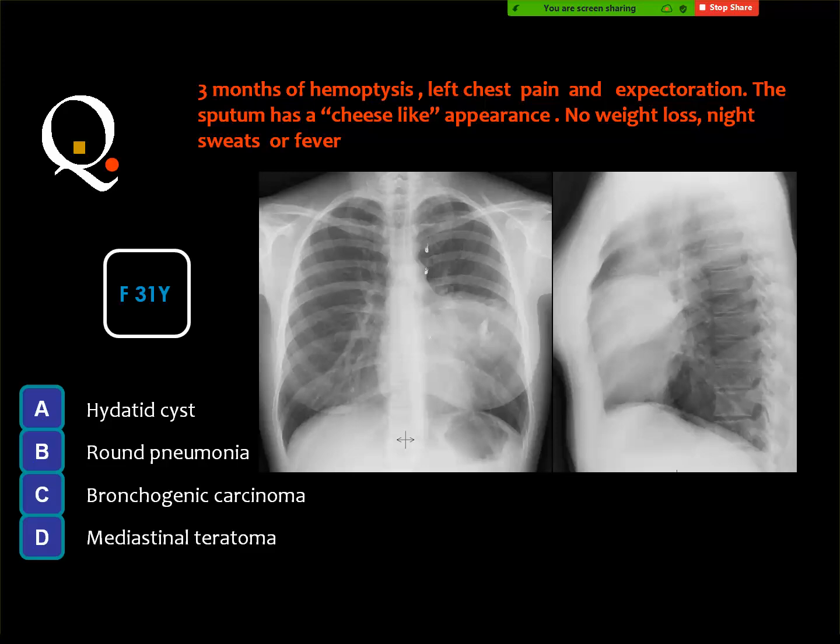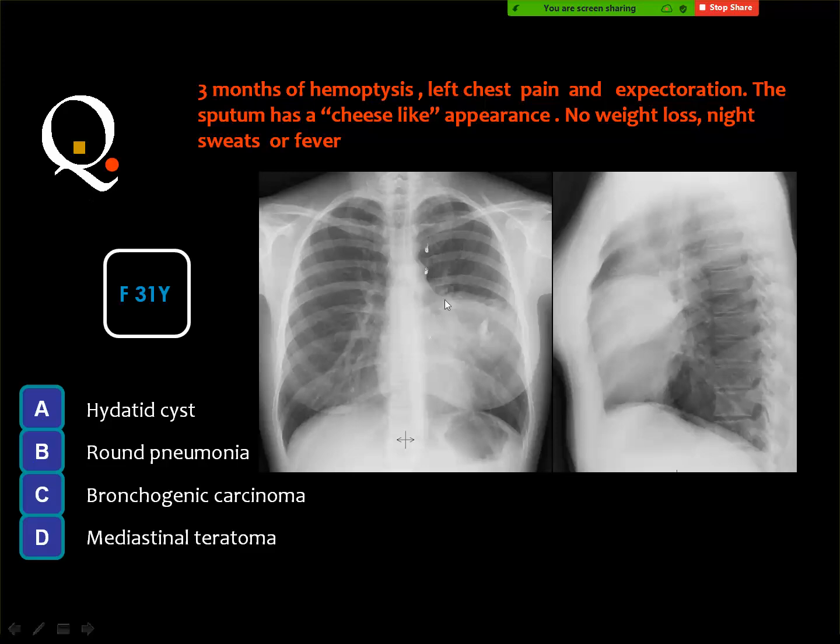Wide relation with the mediastinum. Okay, but there is an important silhouette sign. The silhouette sign with the left cardiac border means that this lesion is anteriorly located. And I have mentioned this before, if you see a difference between the site of the lesion in the frontal view and the site of the lesion in the lateral view, then you think of one of two, either mediastinal pathology or pleural pathology.